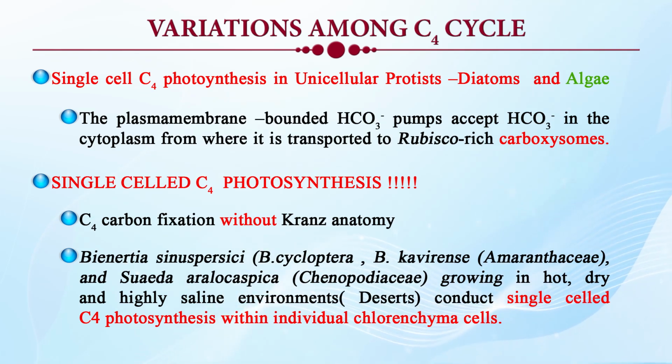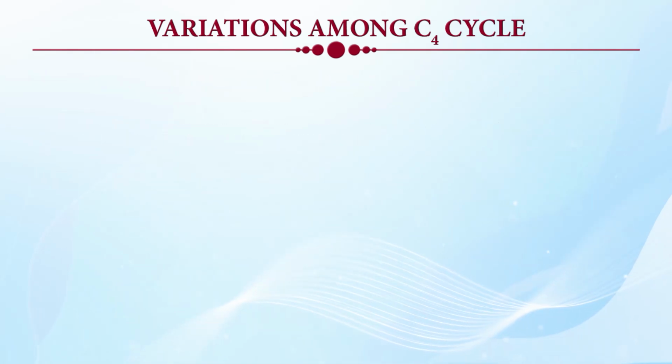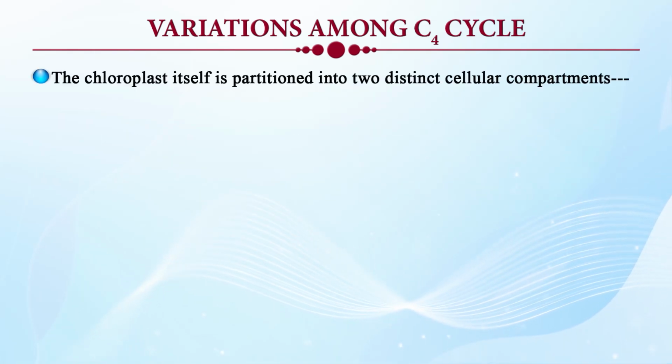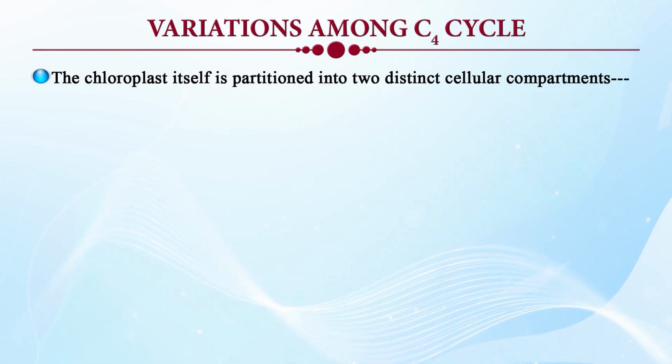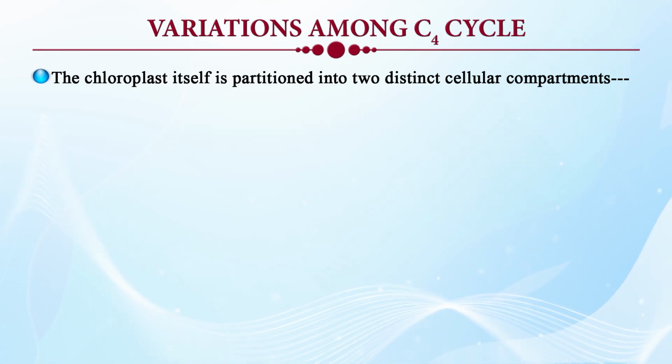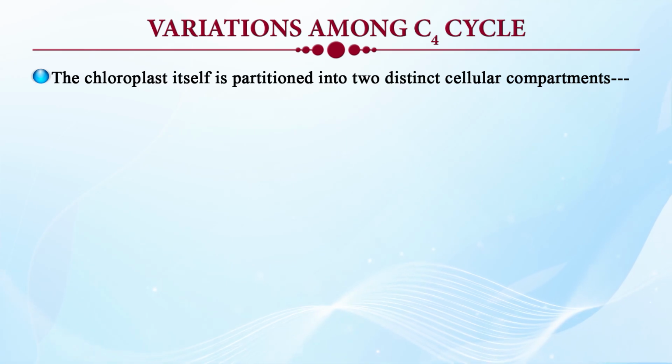So, in other words, we say that the Kranz anatomy may be very important and a prerequisite for the desert plants, but then the individual chlorenchyma cells would have further specializations, and the single celled organisms would be all in one. So, that means there the chloroplast itself would be partitioned, and not the two types of chloroplast as we saw in terms of dimorphic plastids.